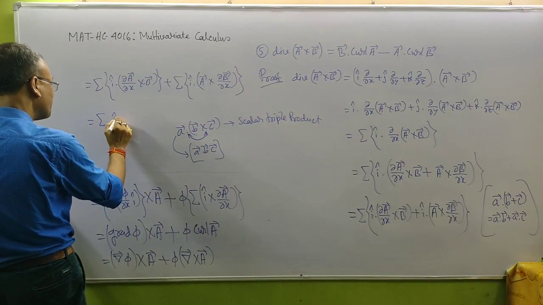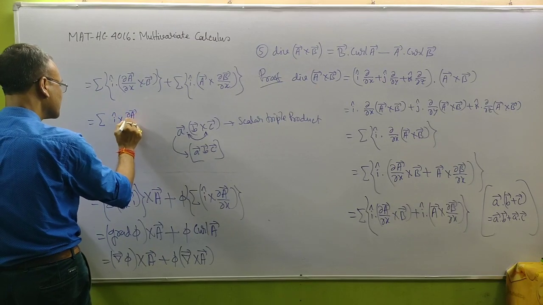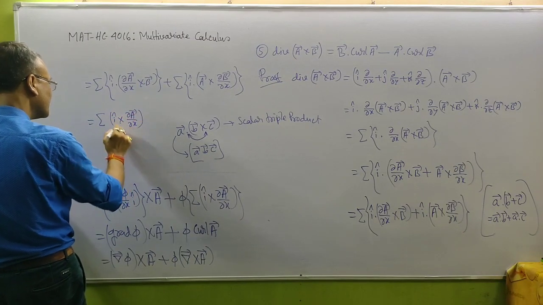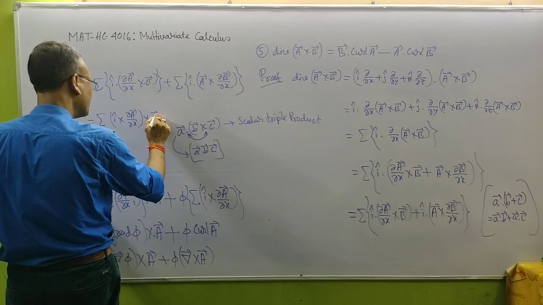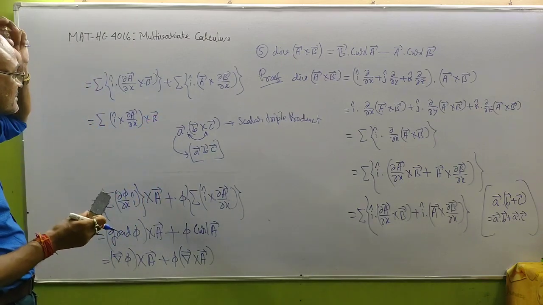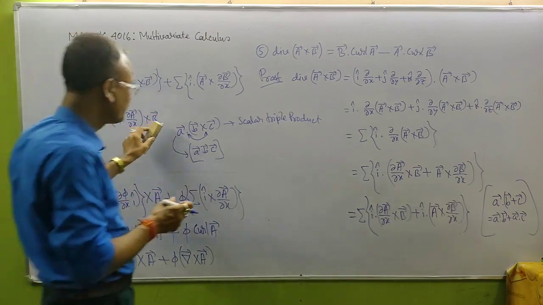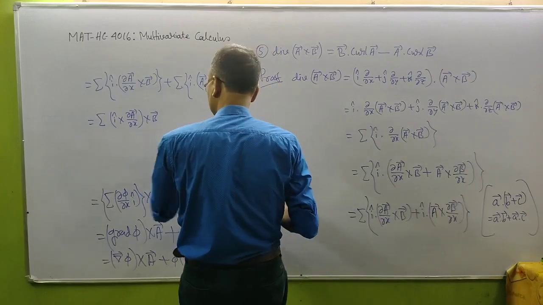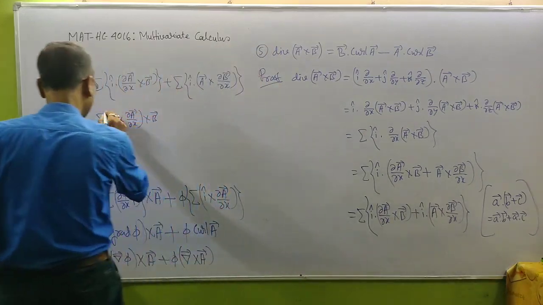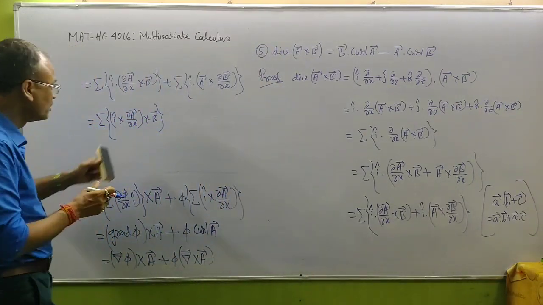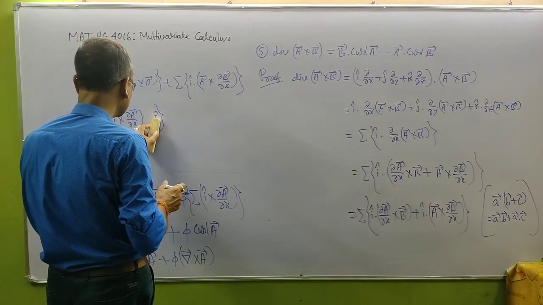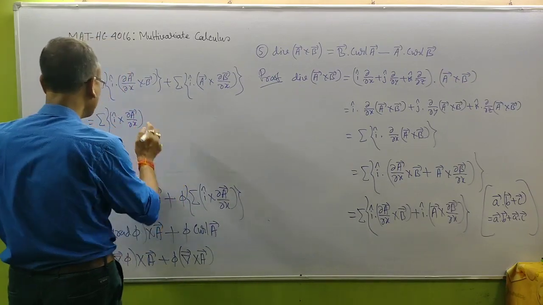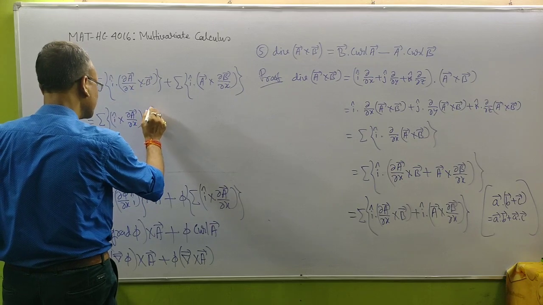Summation i cap cross del A by del x cross B. Here, oh no, it is not cross B, it is dot B. Positions of dot and cross can be interchanged.